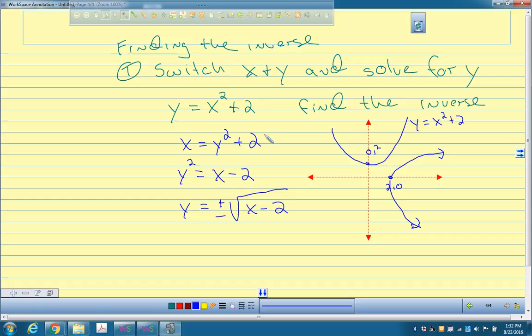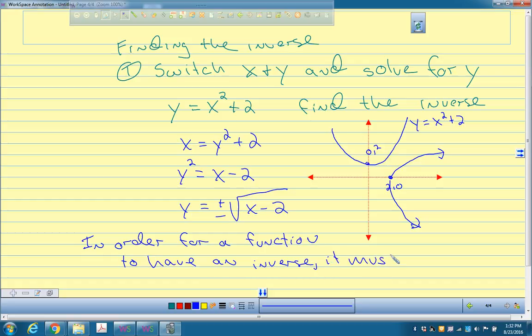So what you have to do, I guess I should write something else. In order for something to have an inverse, I can't look at it that way. I have to come over here, okay? In order for a function to have an inverse, it must be 1-to-1.